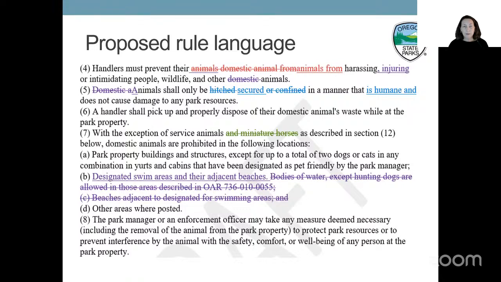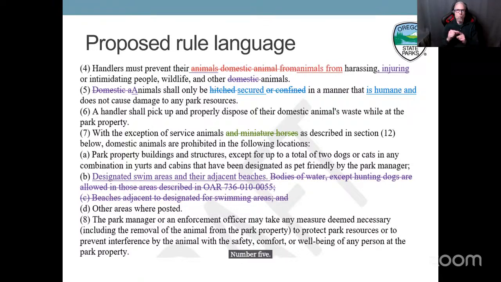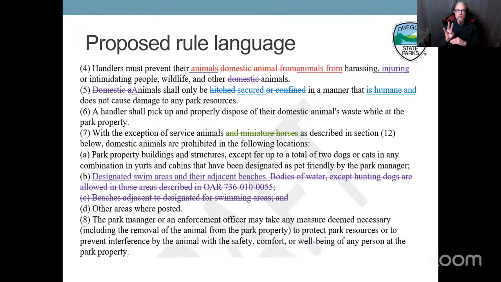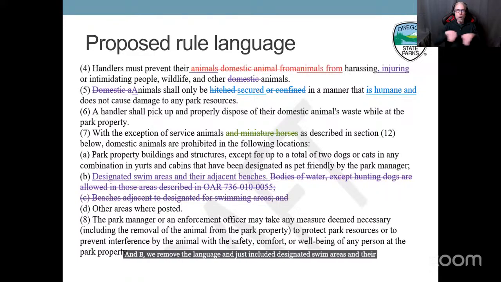Number 5, we remove the word domestic and started with animals shall only be secured in a manner that is humane and does not cause damage to any park resources. In number 7, we remove the words and miniature horses. In B, we remove the language and just included designated swim areas and their adjacent beaches.